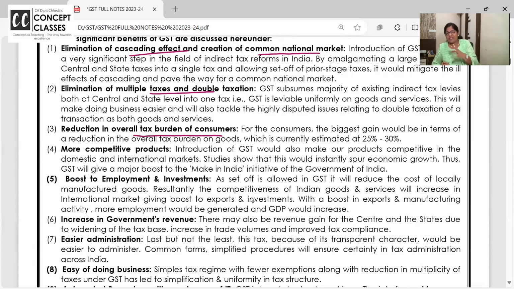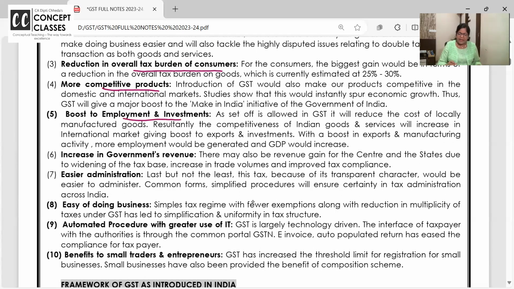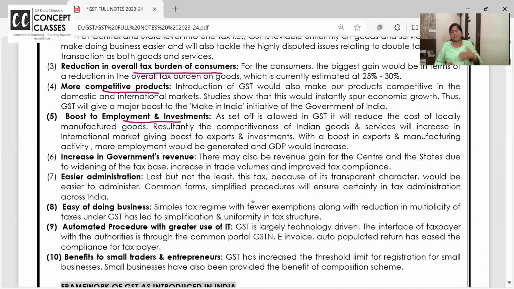See, in GST, the final selling price is less because there is no tax on tax. Our products are becoming more competitive because of this set-off benefit. It is generating more employment and investment opportunity, and this is a fact we are seeing. Since the time GST has been introduced, a lot of development is going on because taxes have become very clear now.